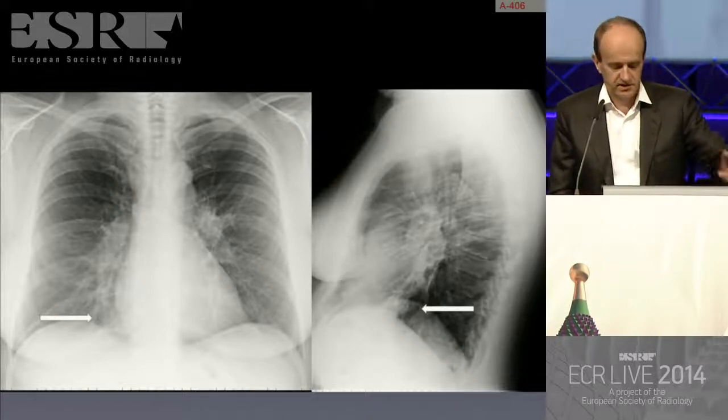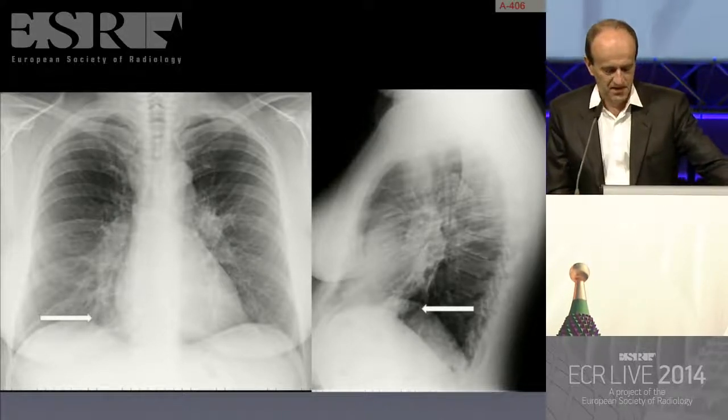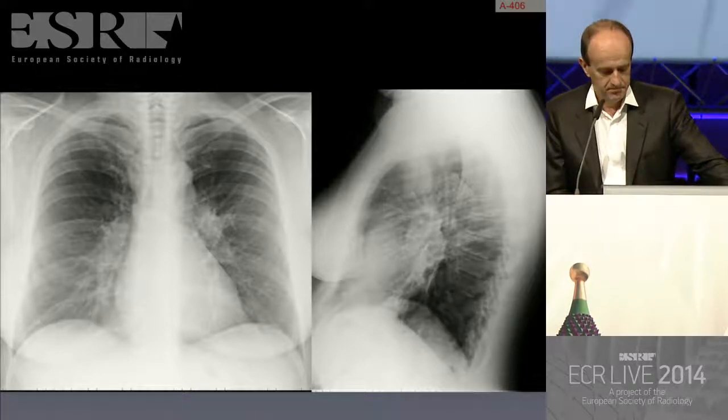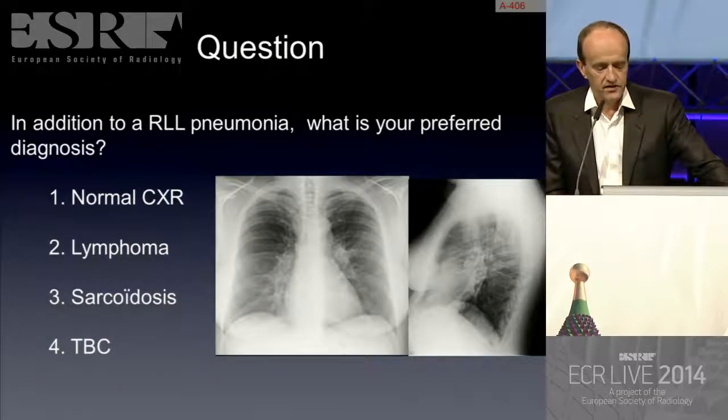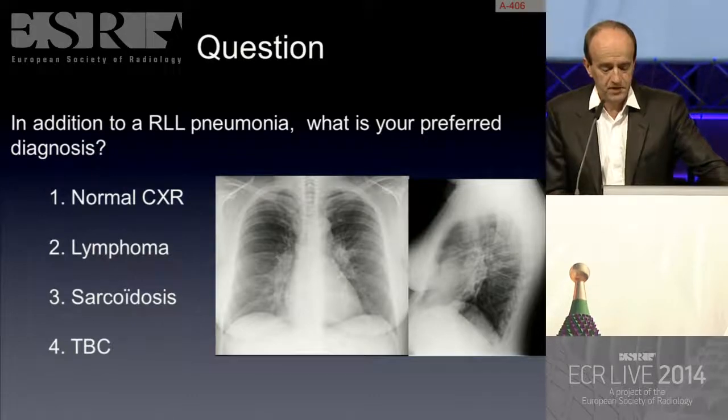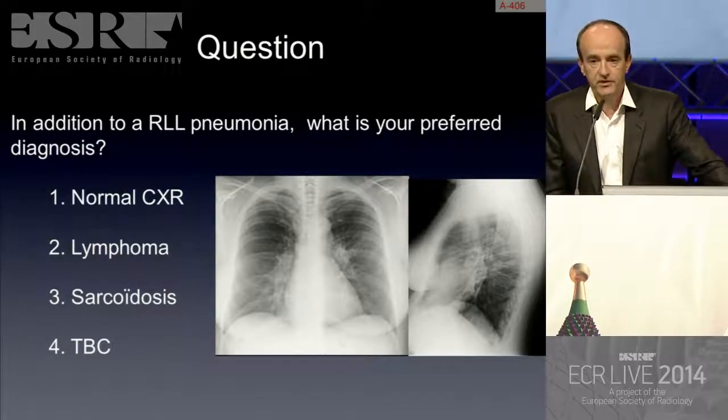We agree with it, it's easy. However, in addition to this right lower lobe pneumonia, what would be your preferred diagnosis? Normal chest X-ray, lymphoma, sarcoidosis, or tuberculosis? Please vote now.